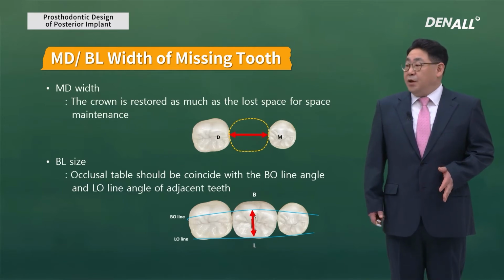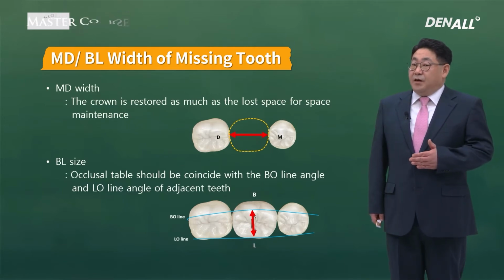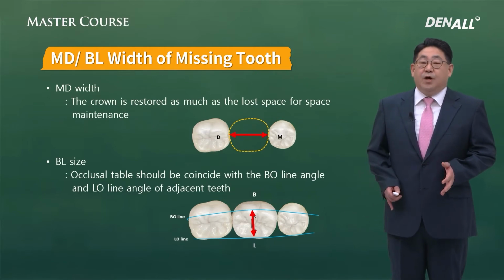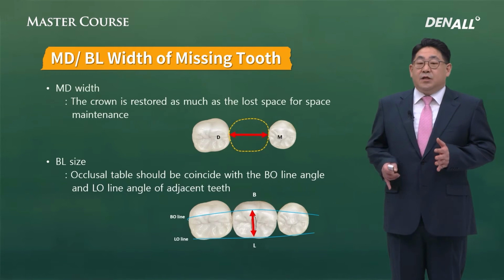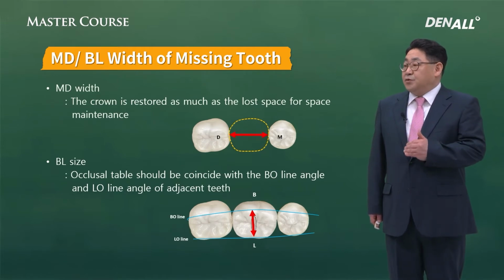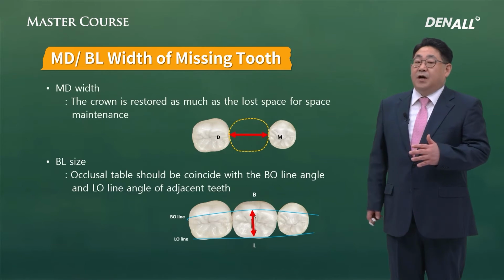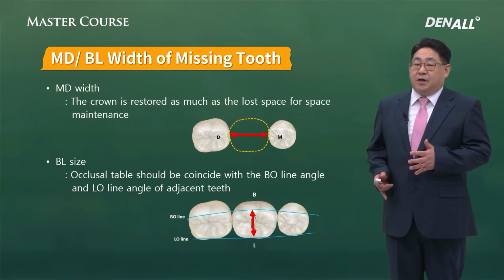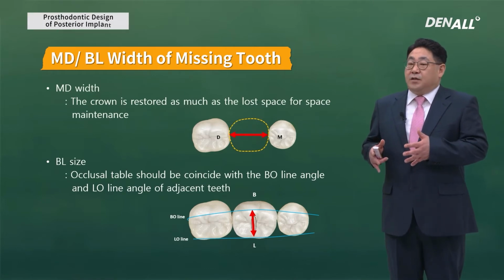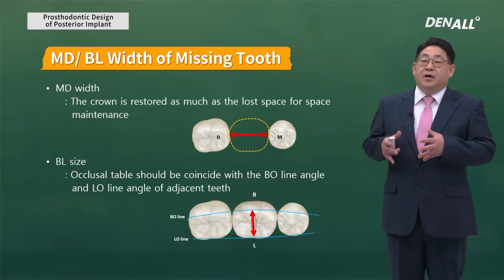From an occlusal view, the buccolingual width should be in balance with the contour of adjacent teeth, and occlusal table should be in balance with the adjacent tooth's bucco-occlusal line angle and lingual-occlusal line angle. At times, in the case of implant crown, you can make occlusal table 80% of that of natural tooth.